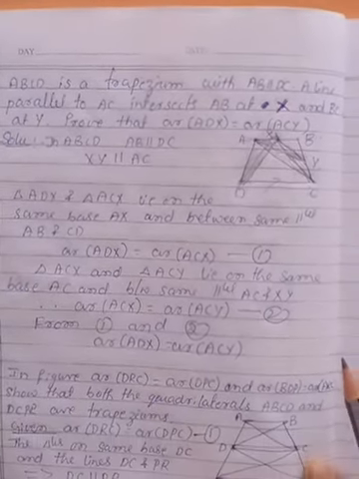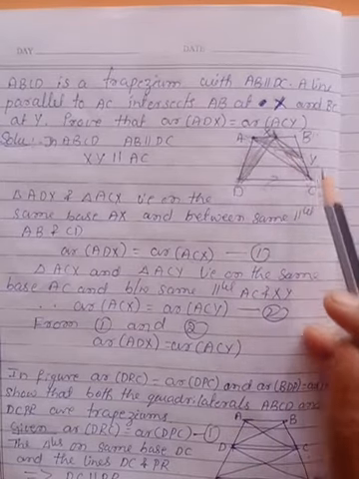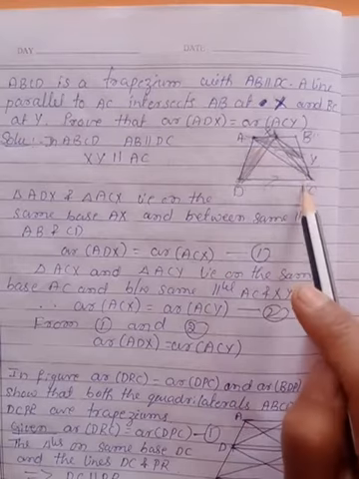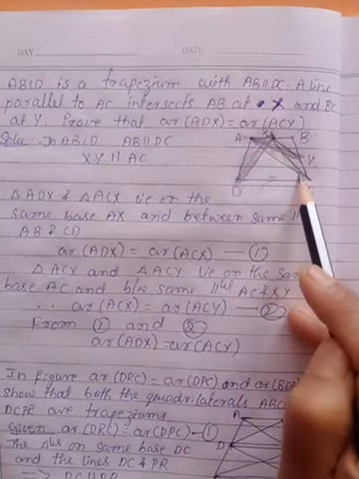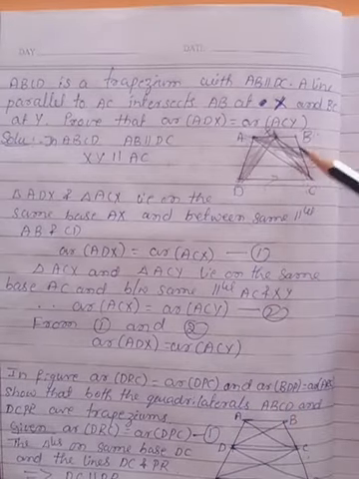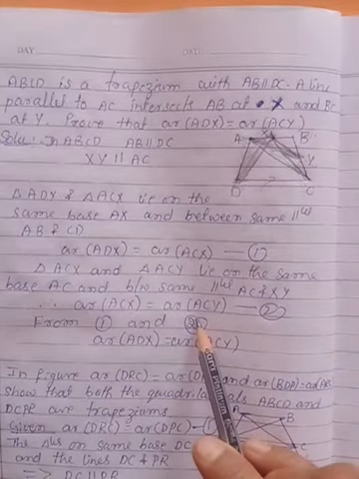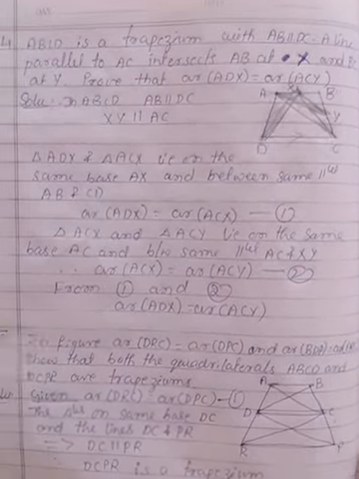Now consider ACX and one more triangle, ACY. These two are on the same base AC and between the parallels AC and XY. So they will also have equal area. That is, the area of ACX will be equal to the area of ACY.